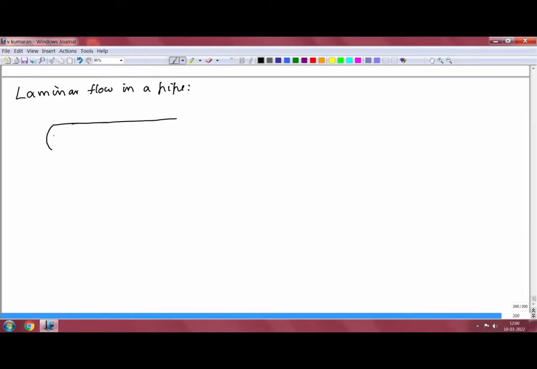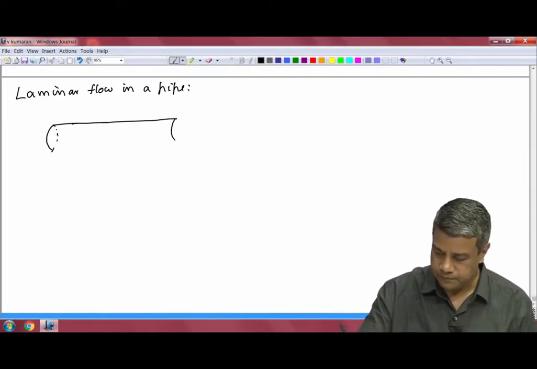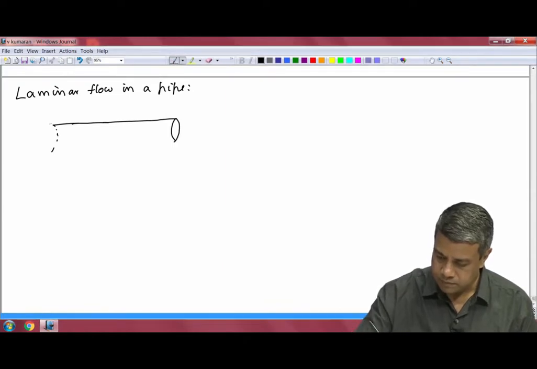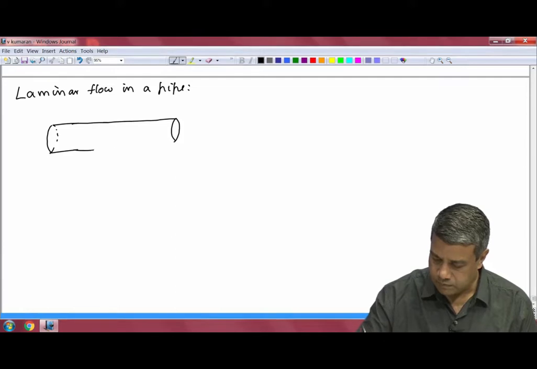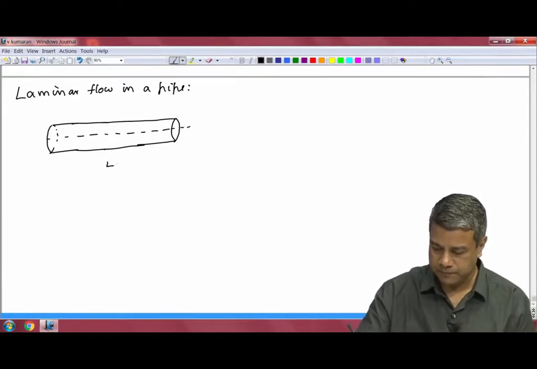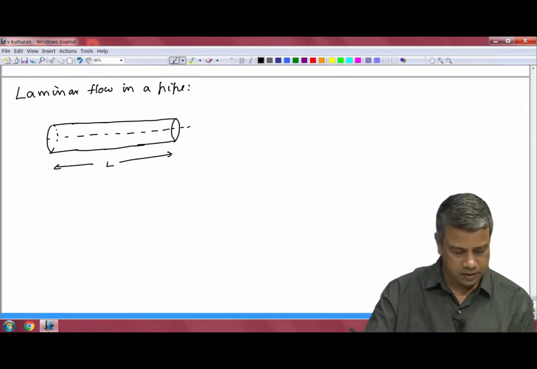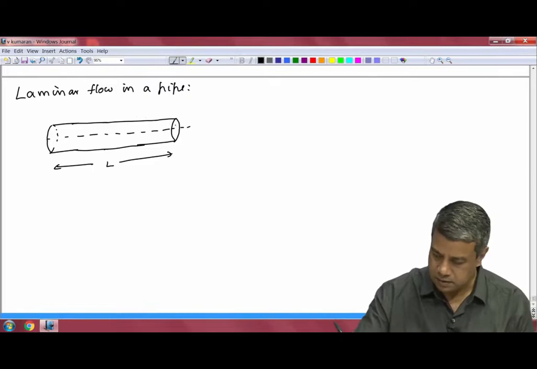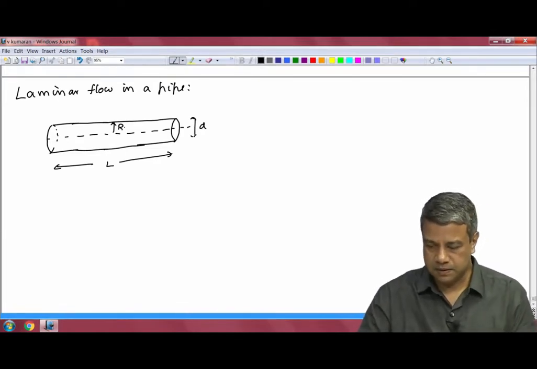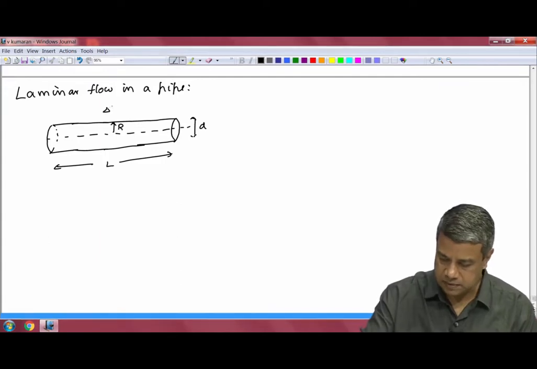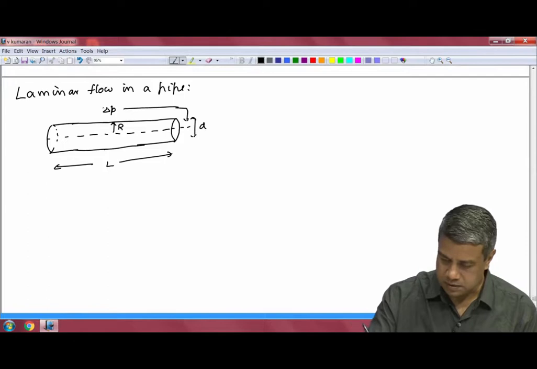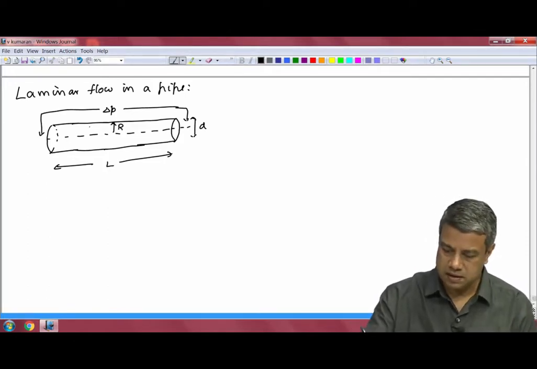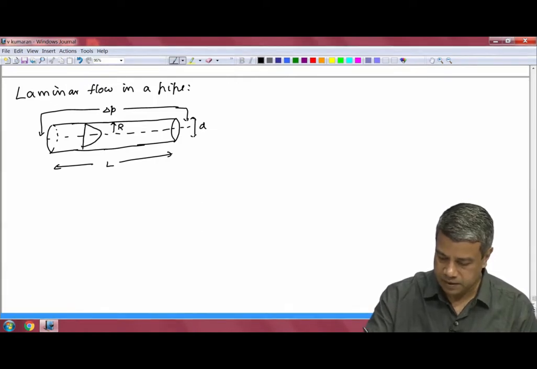So, if you take a cylindrical pipe of length L, and a diameter D, and the radius is capital R, across which there is a difference in pressure that is applied across the two ends, and that generates a flow within the pipe.